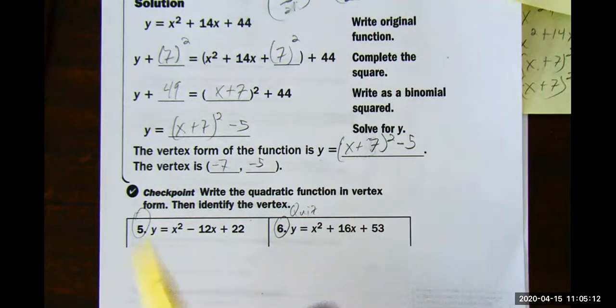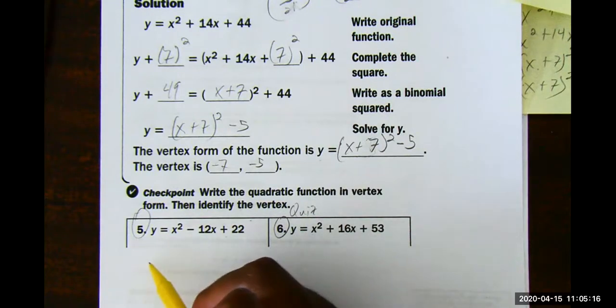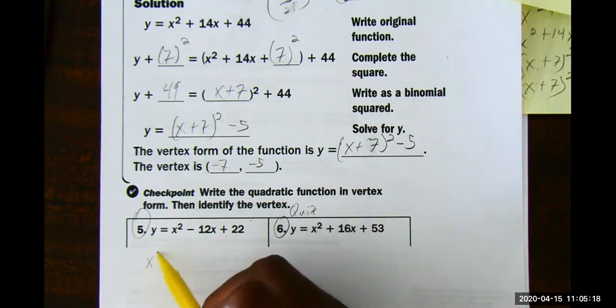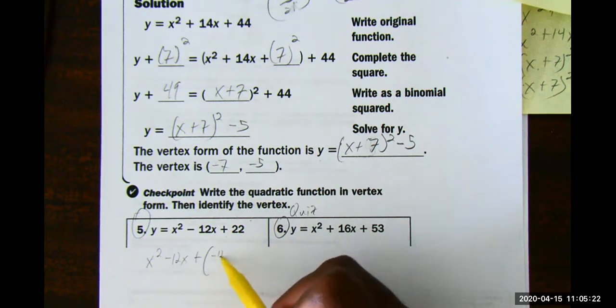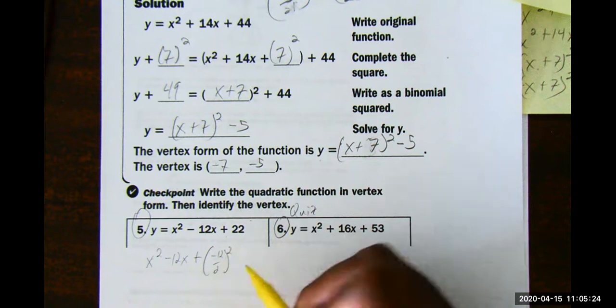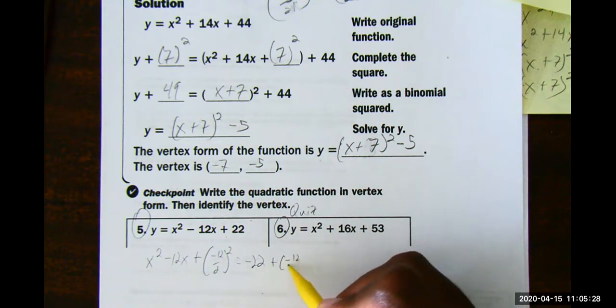So working through number 5, we're going to have x squared minus 12x plus negative 12 over 2 squared equals negative 22 plus negative 12 over 2 squared.